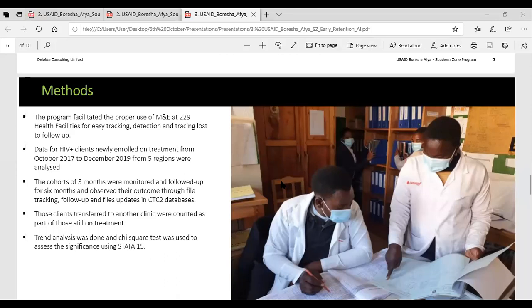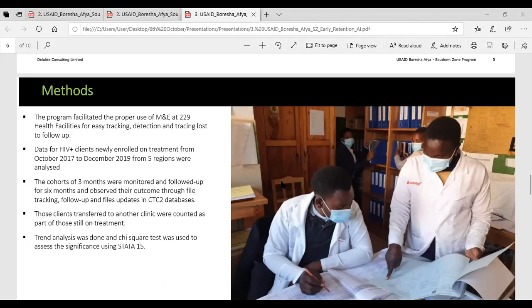In this analysis, we collected data from October 2017 to December 2019. This was a cohort of 3 months, quarterly reporting of all new clients who were initiated on treatment during that period. They were followed up for 6 months, and we managed to observe the outcome through the files that we were tracing and the updates that we had on our database.